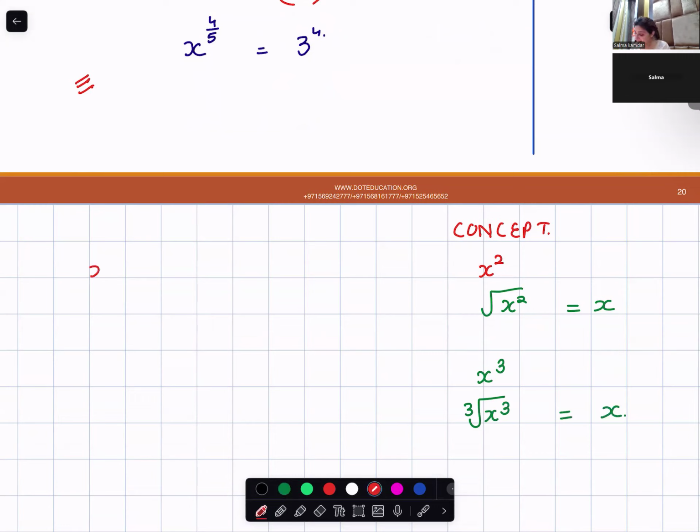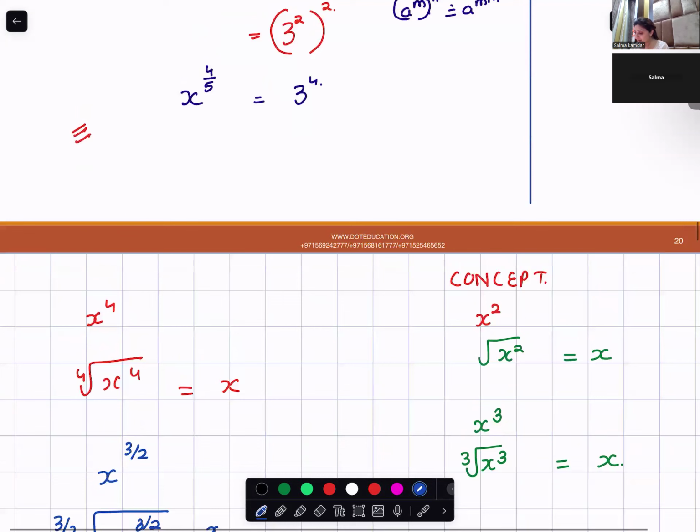If I have x raised to 4, so fourth root of x raised to 4 is going to give me x. If I have x raised to 3 by 2, so 3 by 2 root of x raised to 3 by 2 is going to give me x.